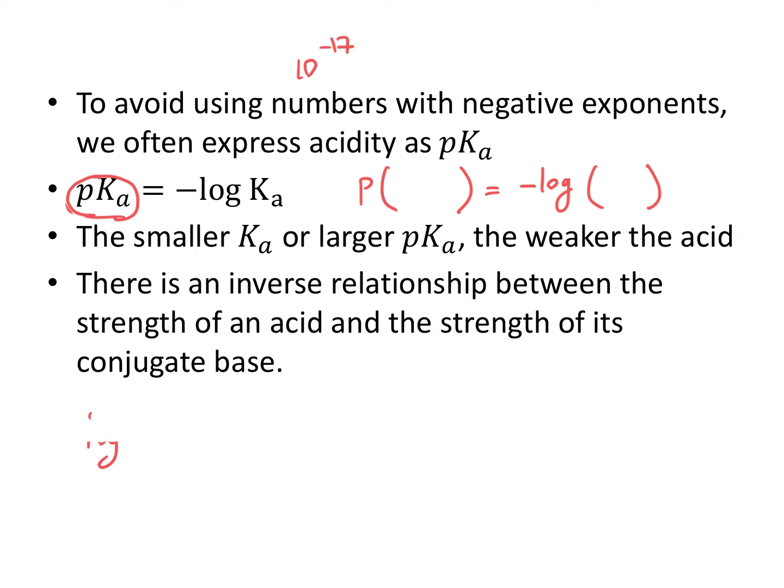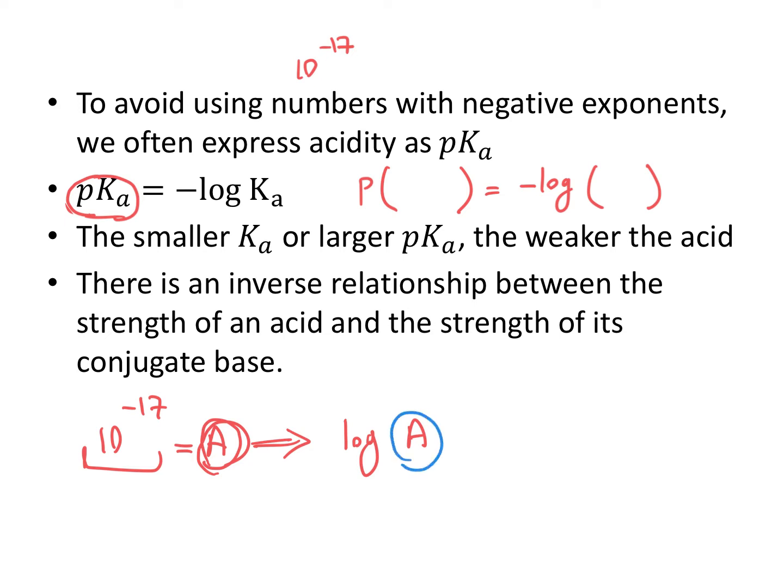But if you have, for instance, 10 to the power of minus 17, if you call that A or B or whatever, logarithm of something means that you can write this expression as logarithm of A, and the final answer of what you are having, you put that in front of logarithm.